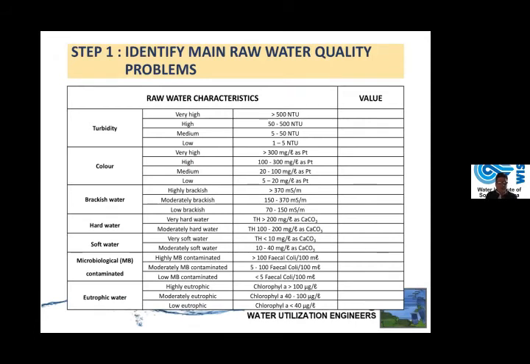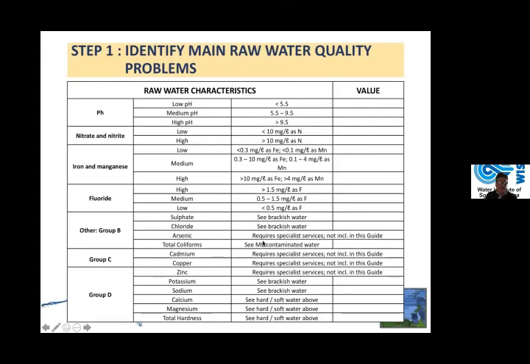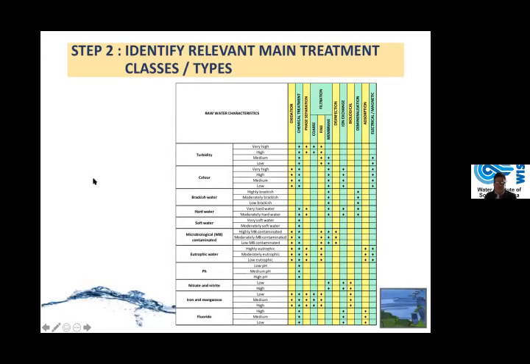So in step 1, you use these tables. In the right-hand column, you fill in your value, and then you determine, for instance, that it's a low turbidity, high color, low brackish, but moderately hard, and so forth. Then you can go on to step 2, and you've got this table here.